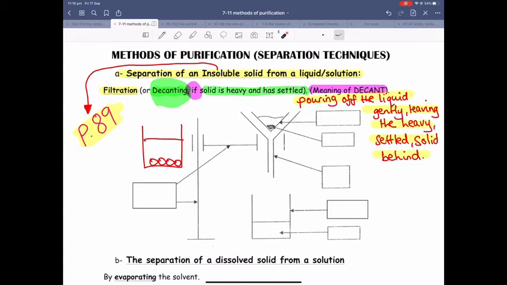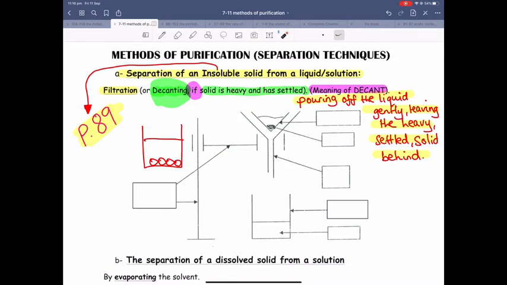And the answer is that no, you should not use decanting. Because while some of the heavier leaves will settle to the bottom, not all of them are the same. You get small pieces of tea leaves which are going to remain floating at the top of the mixture.